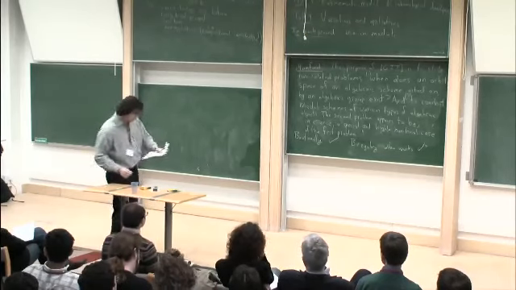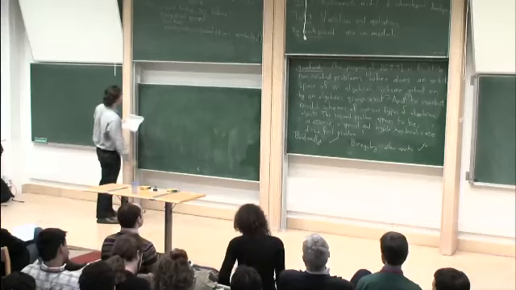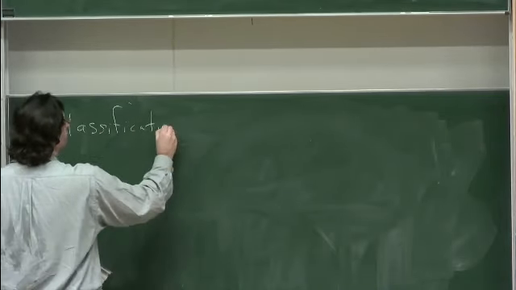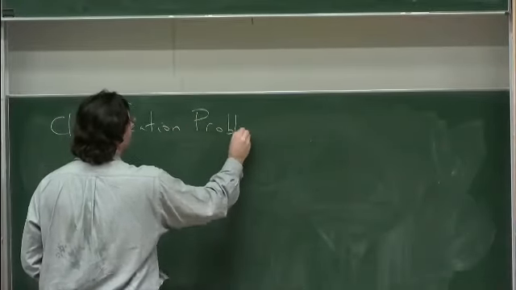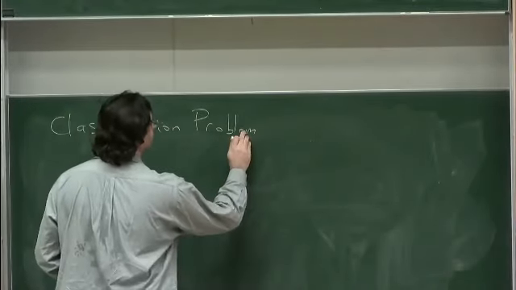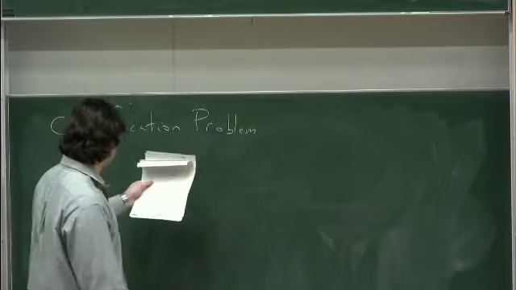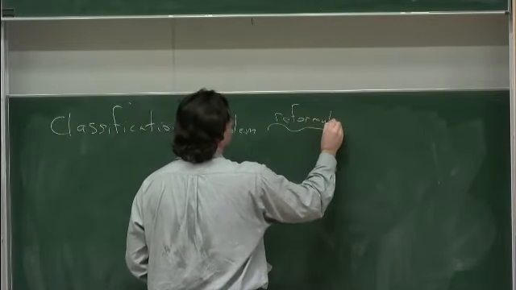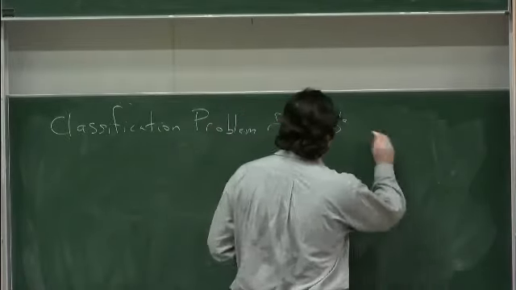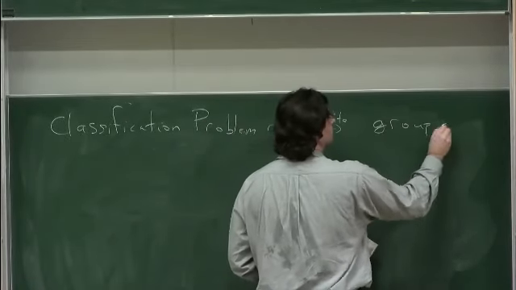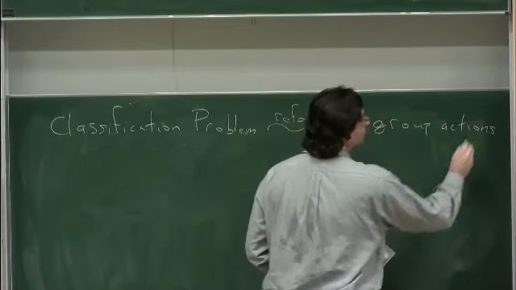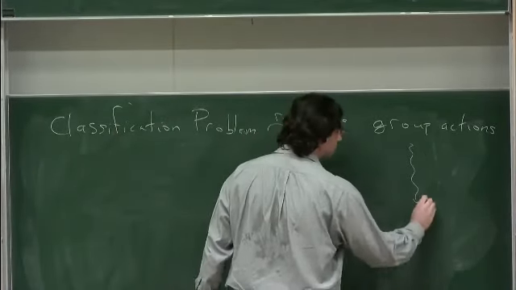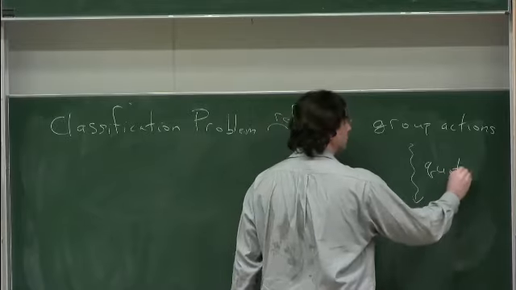All right. So schematically, what is this thing saying? It's saying that we're beginning with some classification problem. Maybe you want to classify linear transformations, classify varieties with some certain properties, and we hope to be able to reformulate this classification problem as a problem involving group actions, and in algebraic geometry, typically group actions on varieties. And then, with that group action, we take some form of a quotient.